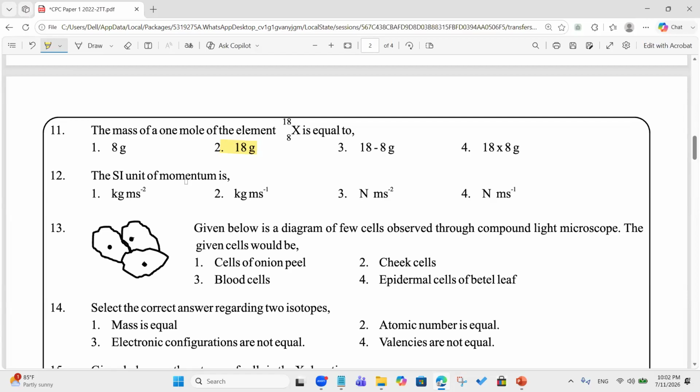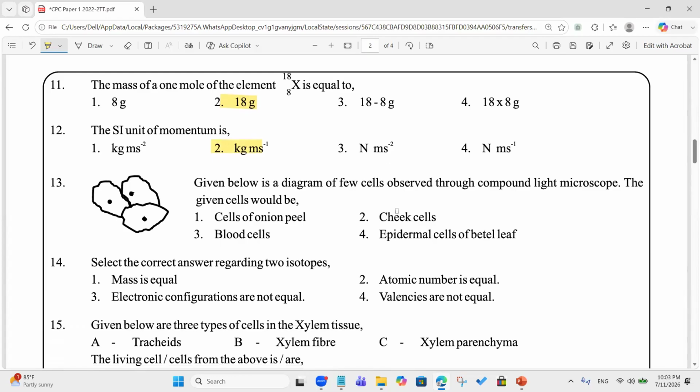Okay, how do you find the momentum? Mass into velocity, right? Second one is mass into velocity. Then mass is in kilograms, velocity is in m s^-1. Yes, the second answer is correct, right?